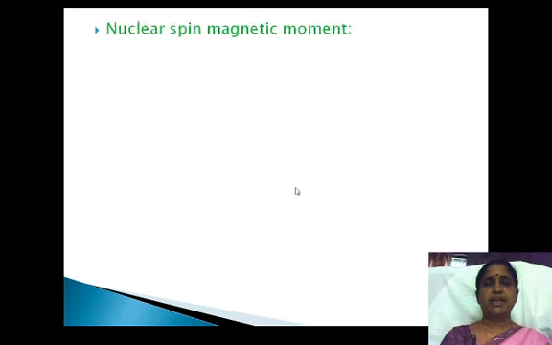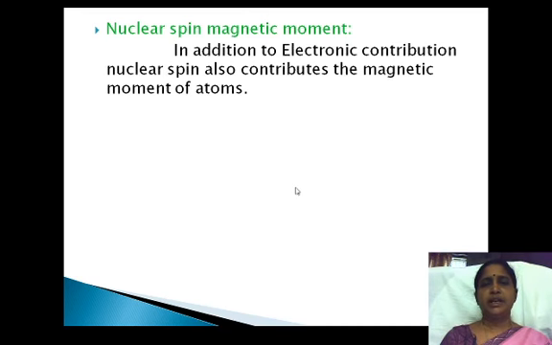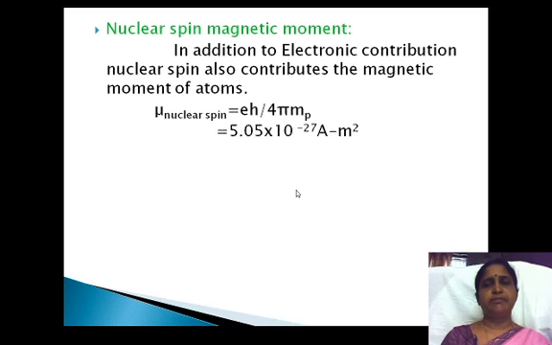The last magnetic moment is the nuclear spin magnetic moment. In addition to the electronic contribution, nuclear spin also contributes to the magnetic moment of atoms. The nucleus also spins, that's why it gives a magnetic moment. Mu nuclear spin is equal to e h by 4 pi mp.